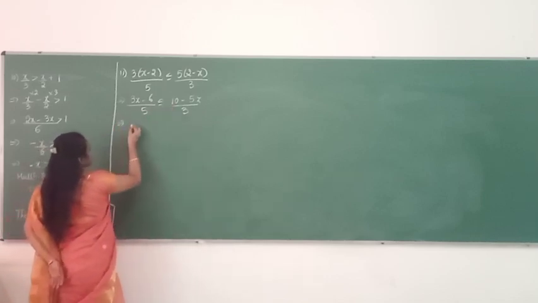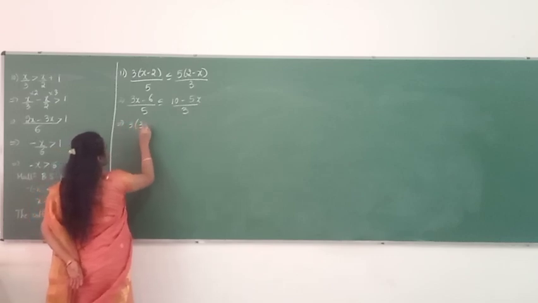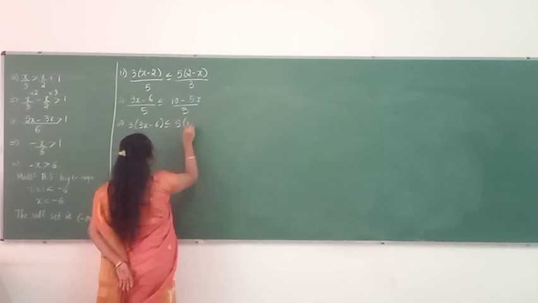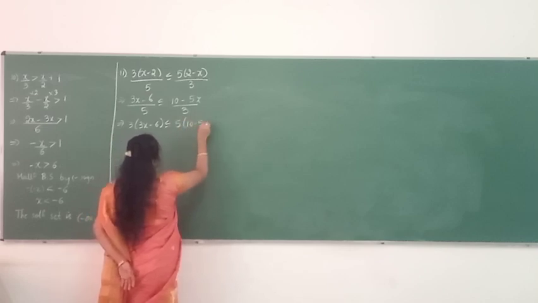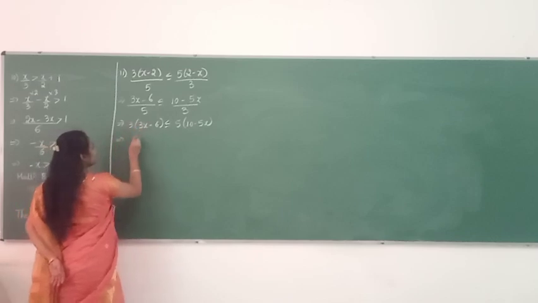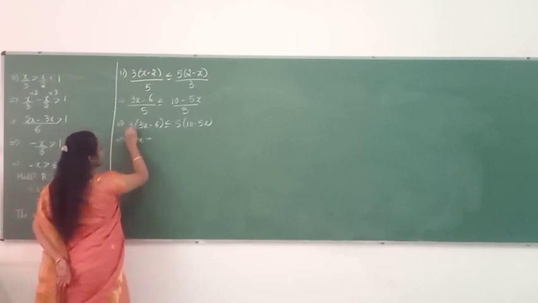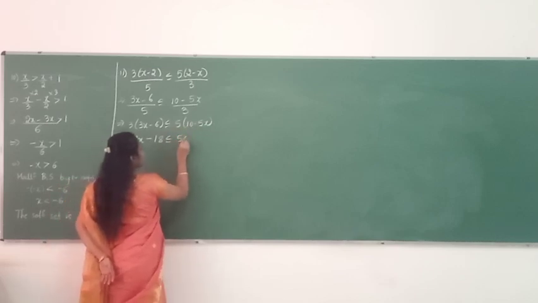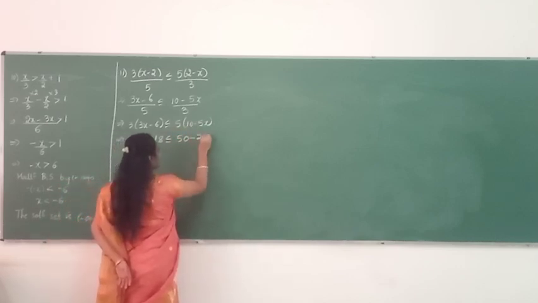So when we cross multiply, 3 into (3x minus 6) is less than or equal to 5 into (10 minus 5x). 3 3s are 9x minus 3 6s are 18 is less than or equal to 5 10s are 50 minus 25x.